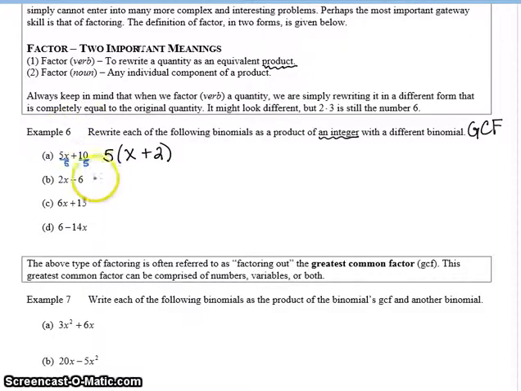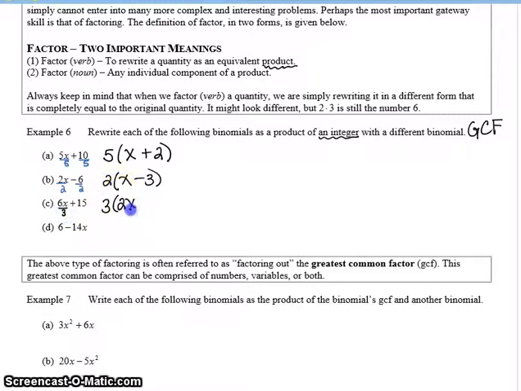Alright, 2x minus 6. I can divide out a 2, and if I divide each of these by 2, I'm left with x minus 3. Again, do a little mental check, and redistribute that to make sure you get 2x minus 6. The next one, I can divide out a 3. Be careful.